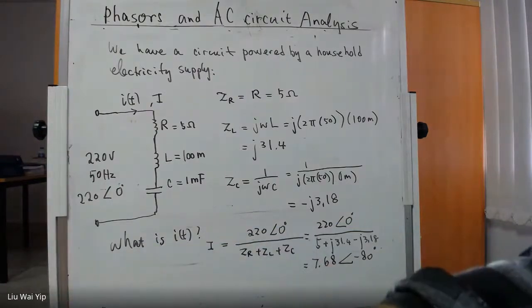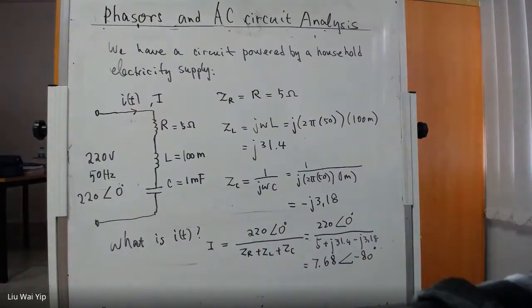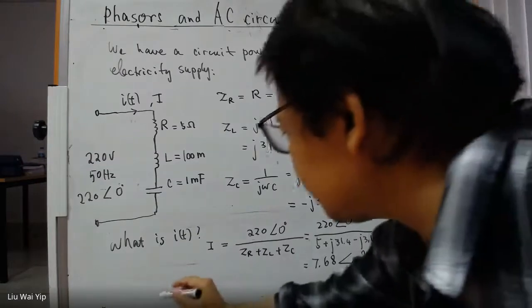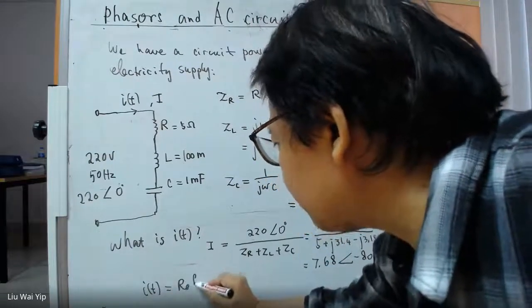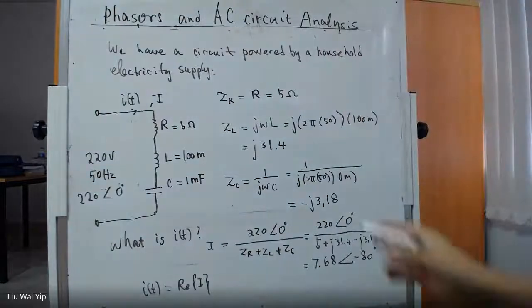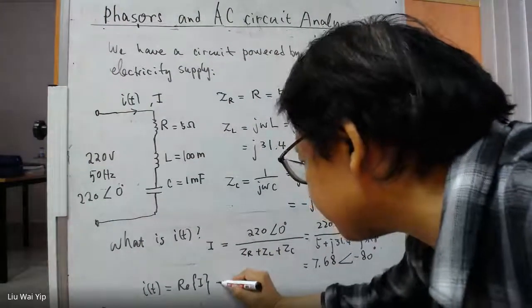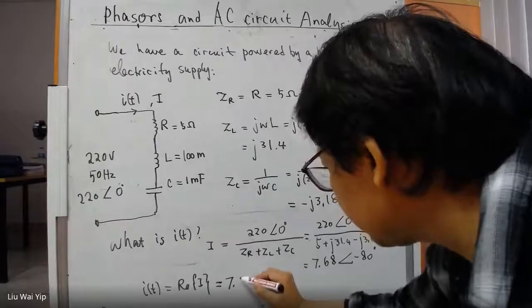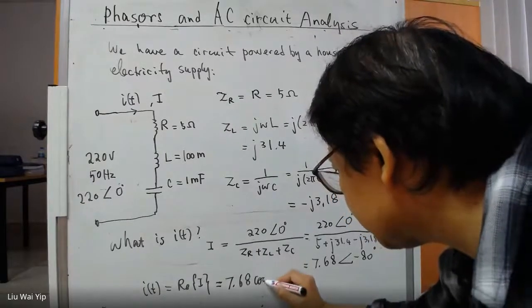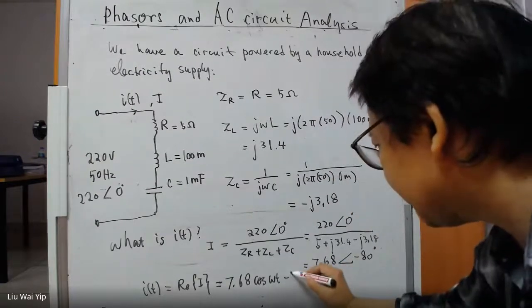But this is not the final answer. The question in this case asks you for the time domain current, and as I already mentioned to you, the time domain current is going to be the real part of I. If you do it carefully, then it's going to be 7.68 cos(omega t minus 80 degree).